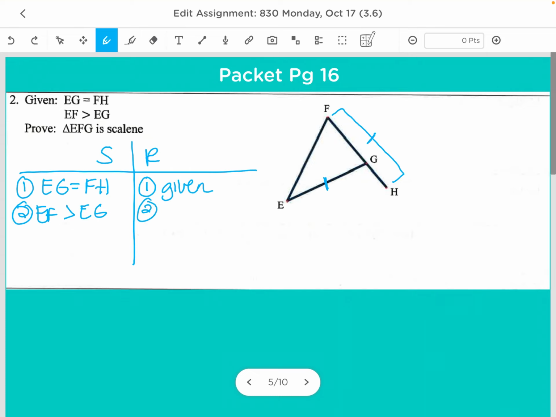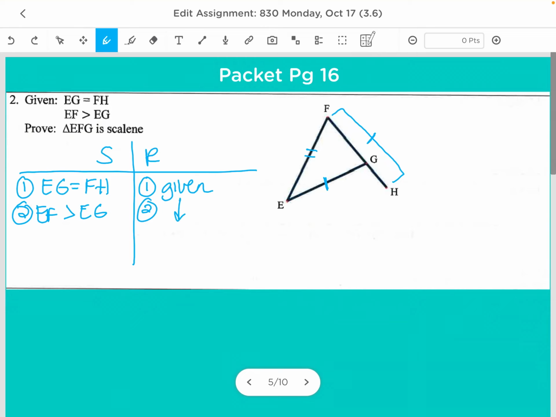So EF, it's a different length, but EF is greater than EG. So we're trying to prove that this triangle is scalene. So in order to prove that the triangle is scalene, I need to go ahead and have 3 different sides to start.